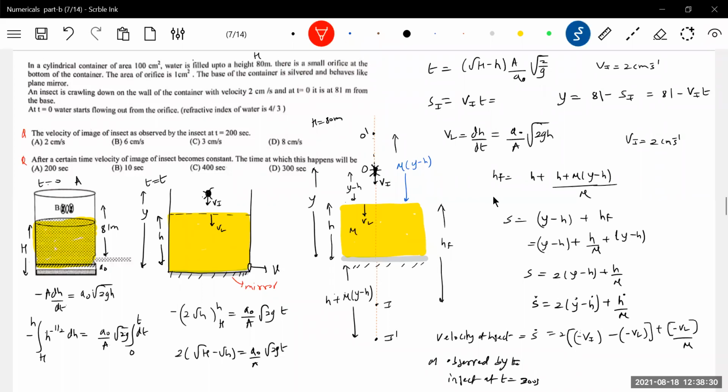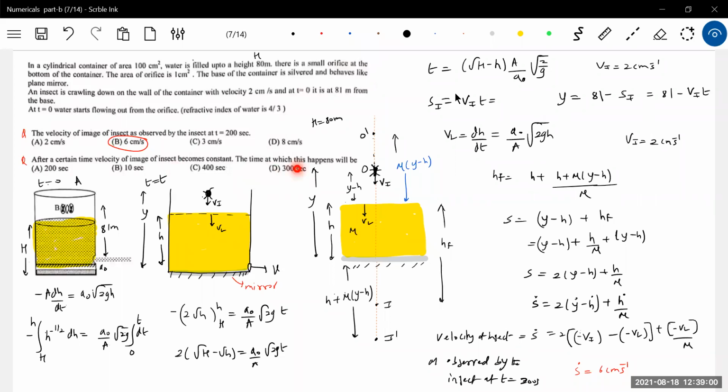The answer will come to 6 centimeter if you solve this. Okay, fine, very good. Once the tank is empty, the velocity of the insect will remain constant. After a certain time, the velocity of the image of the insect becomes constant.